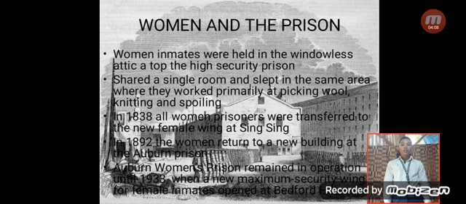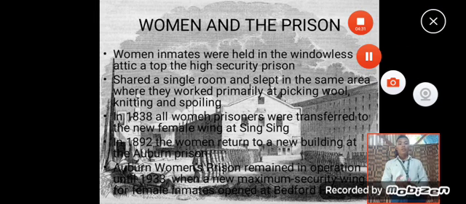So next slide. The women in the prison. In the early days of the prison, women inmates were held in a windowless attic atop the high security prison. They shared a single room and slept in the same area where they worked, primarily picking wool, knitting, and spooling.